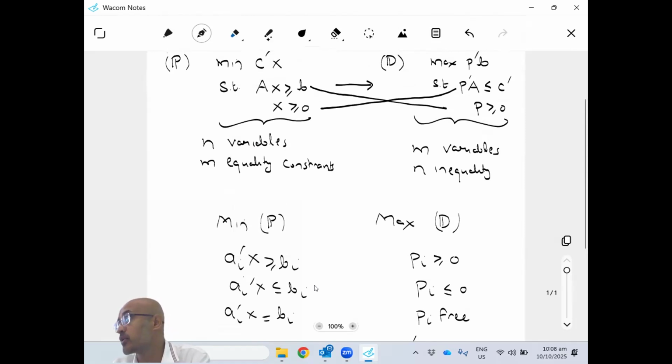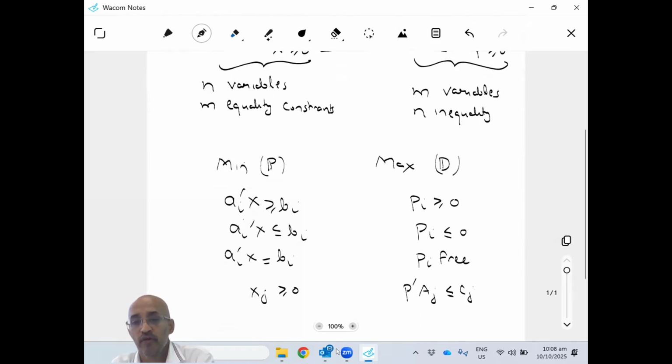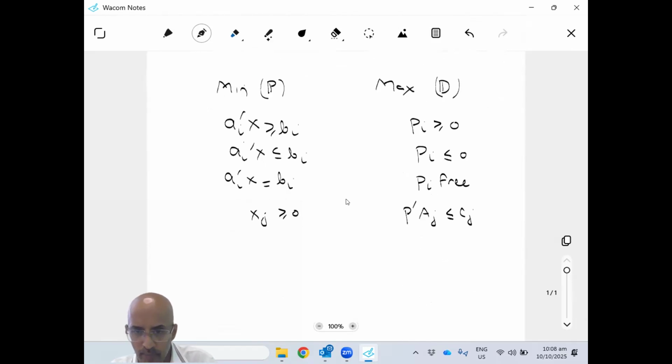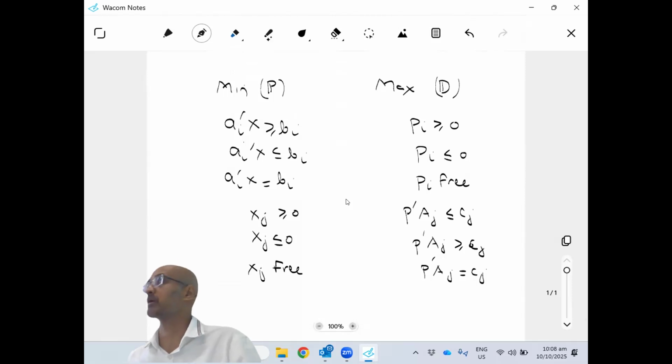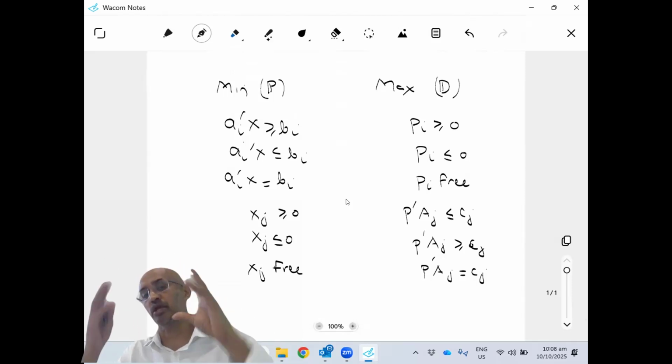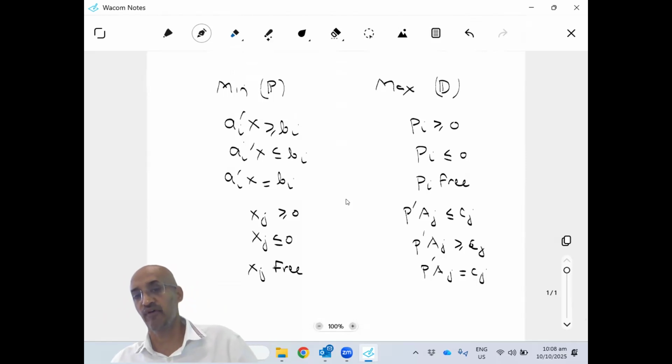If it was greater than equal to for a maximization problem, the corresponding variables will be less than equal to, and if it was equal, these will be free variables. I showed you this table yesterday, and you should get comfortable with it, because it will tell you, for any primal form, how to write the dual. If I give you a minimization form, you can go in this direction. If I give you a maximization form, you can go in this direction.